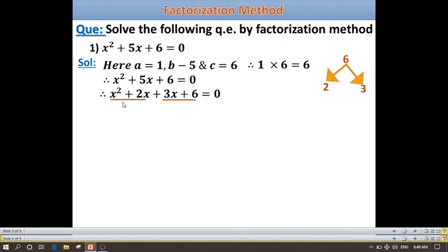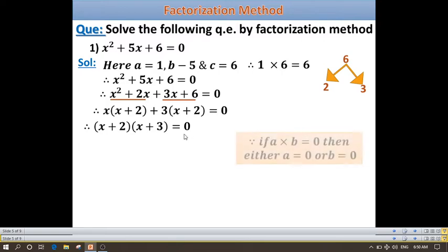Between first two terms, x is a common factor, and from the last two terms 3 is a common factor. So x into (x plus 2) plus 3 into (x plus 2) is equal to 0. Again x plus 2 is a common factor from both. So we have (x plus 2) into, in another bracket, (x plus 3). So (x plus 2) into (x plus 3) is equal to 0.